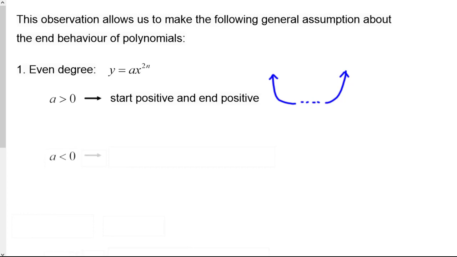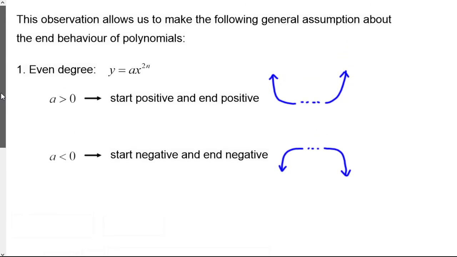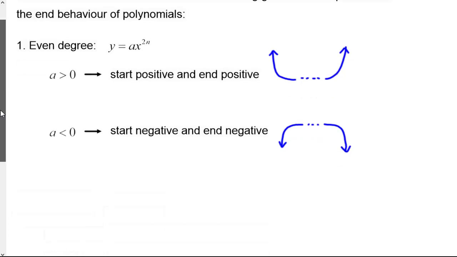If a is less than 0, it's just the opposite. You start negative and end negative. So the end behavior of the graph will look like this. So I just tell people, think of a parabola and what it looks like, and use that as your basis for end behavior.